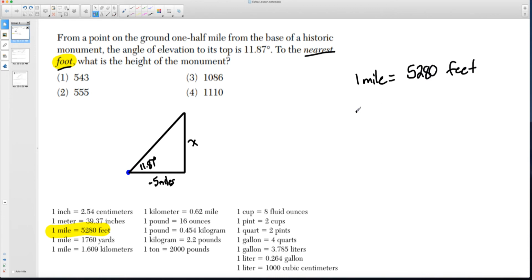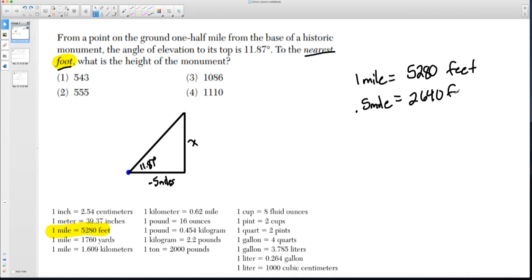We want a half a mile. So we want to cut that in half. Okay?